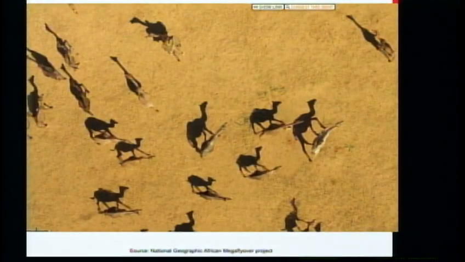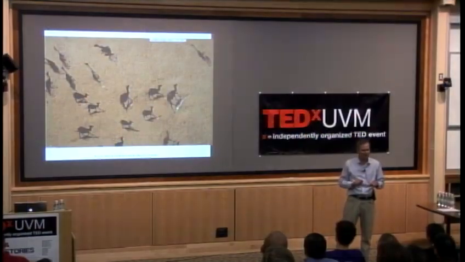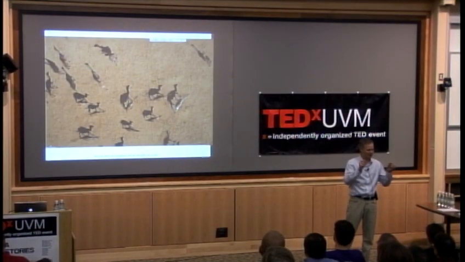And this is the best of all. This is actually, I believe, high-resolution satellite imagery, and it's of camels in the middle of Africa. It's part of this Google National Geographic African mega flyover project. And so the number of possible things I have to prepare computers for, the types of objects out on the surface of the Earth, is staggering.